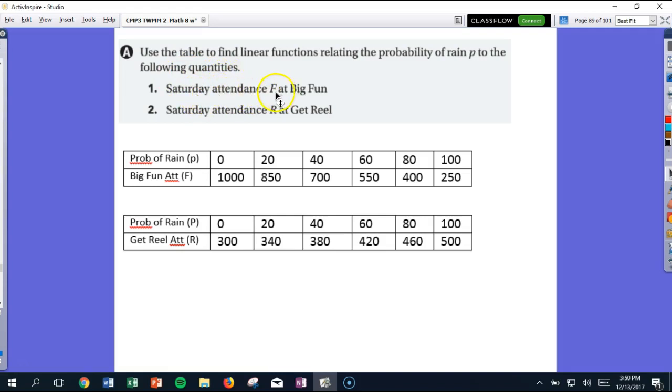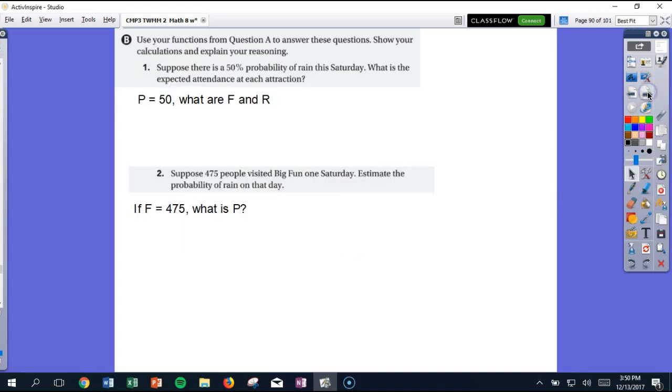Saturday attendance F at Big Fun. So we're going to have an equation that starts out with F, and another that starts out with R for Get Real. We've broken the table out separately now, so you have one table for Big Fun and one table for Get Real, and you come up with an equation for each of these tables.